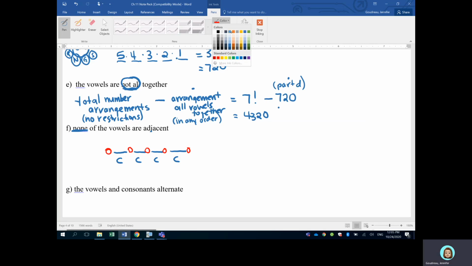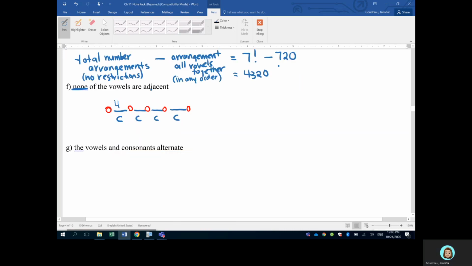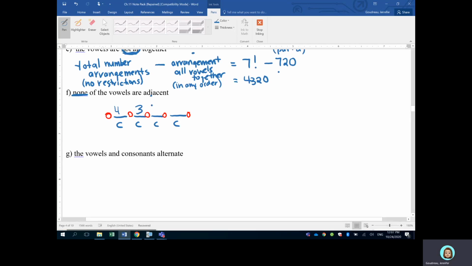So let's go ahead and put some numbers to this. For the blanks, we've got no restrictions of what consonant goes where. So I have 4 choices for the first spot, 3 choices for the next spot, 2 choices for the next spot, and then 1. So our arrangements of the consonants is going to be 4 factorial. Now, the arranging of the vowels.